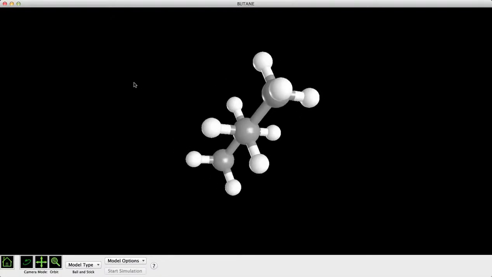And I want to rotate this molecule so that I can look down the C2-C3 bond axis. A couple of things worth noting is that this is the lowest energy conformation of N-butane because the biggest, bulkiest group on the front carbon on C2 is anti. That means it has a dihedral angle of 180 degrees relative to the biggest and bulkiest group on the back carbon, which is C3.